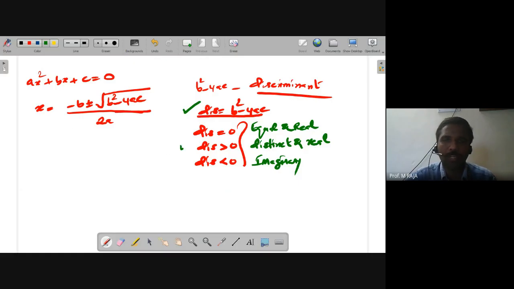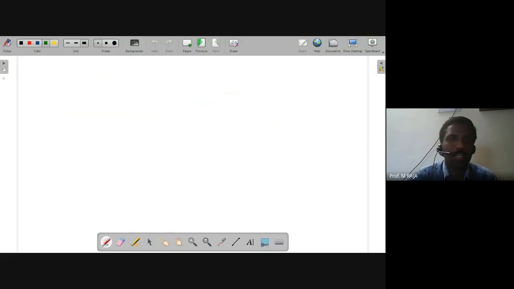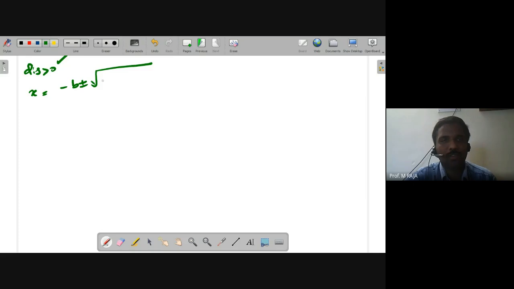So when discriminant is greater than 0, we can find x is equal to minus b plus or minus square root of b square minus 4ac by 2a.